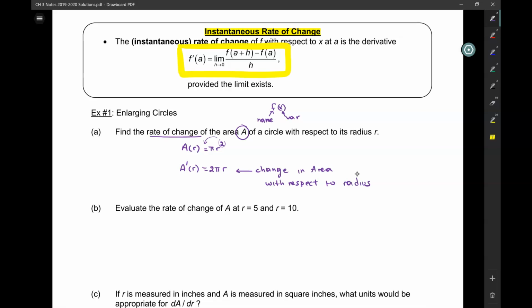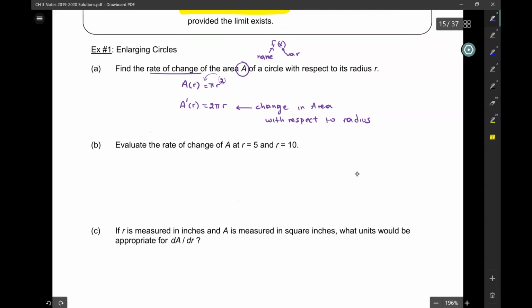Okay. So now, evaluate the rate of change of A at r equals 5 and r equals 10. So the way we do this is A prime of 5 is 2 pi times 5, 10 pi. A prime of 10 is 2 pi times 10, 20 pi.